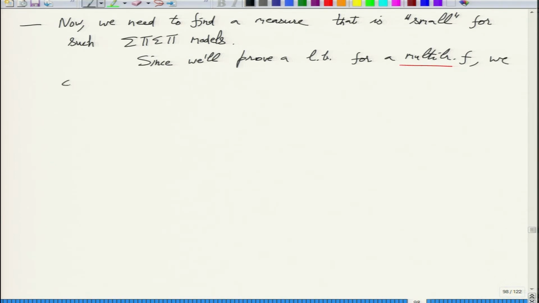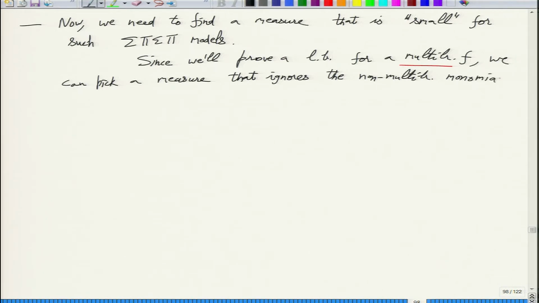So we can pick a measure that ignores the non-multilinear monomials, or ignores the square-full monomials.